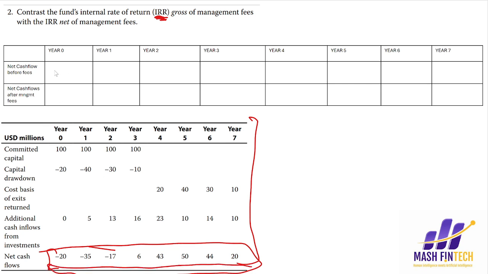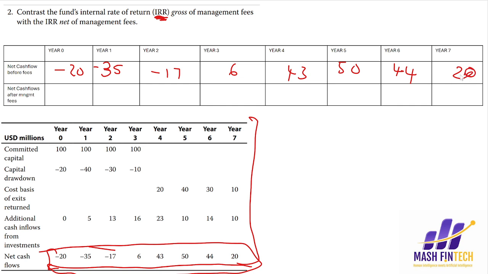You don't get confused as to where we got the numbers. So the cash flow is, in the first year, minus 20, minus 35, minus 35, minus 17, 6, 43, 50, 44, 20.